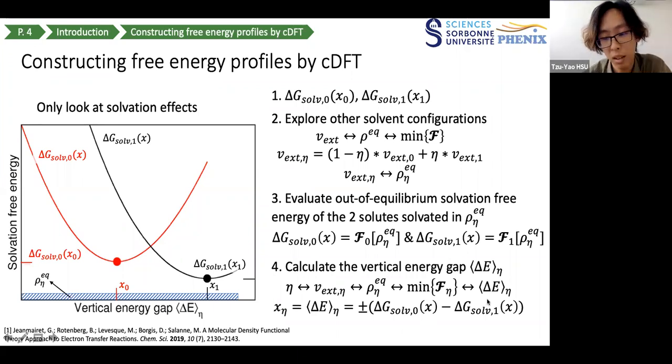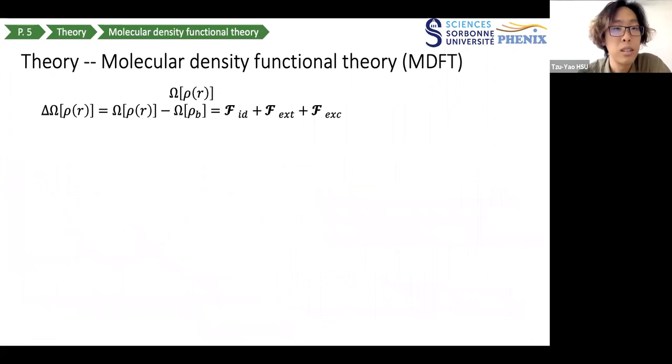So in our study, I'm going to use the molecular density functional theory to calculate the solvation free energy. From the Evans paper and the theory of simple liquids, we can derive an expression for the grand canonical potential.